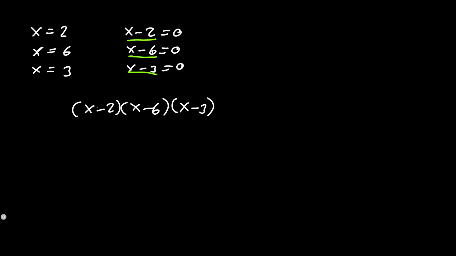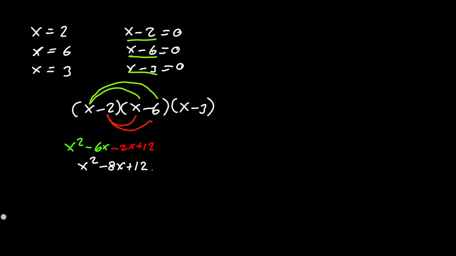In order to do that, we will use the distributive property: x times x, x times negative 6, negative 2 times x, and negative 2 times negative 6. That gives us x squared minus 6x minus 2x plus 12. Combining like terms, we have x squared minus 8x plus 12.